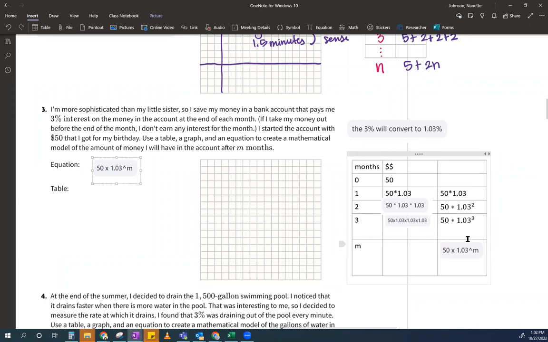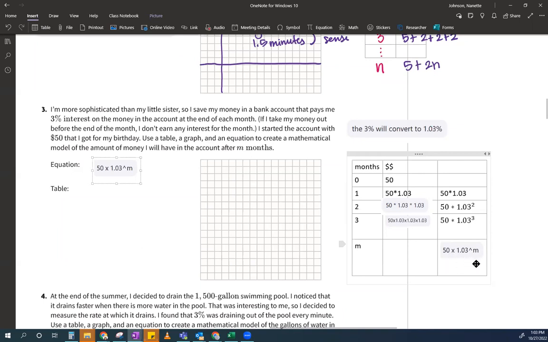Math for me is figuring out a more efficient way to do it. So instead of writing 1.03 times 1.03 times 1.03, I just went 1.03 to the third. That's why M got put up here.